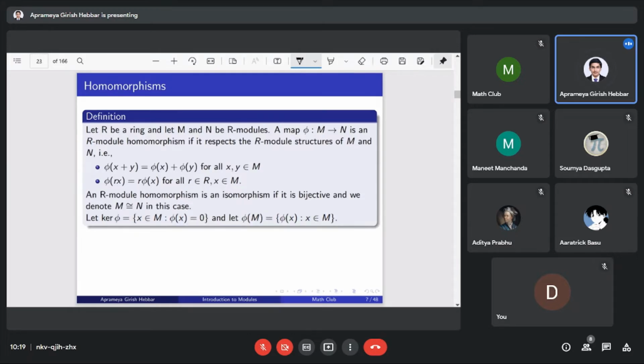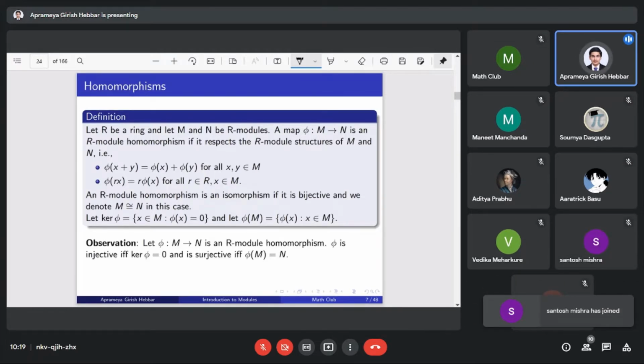So as usual, you would have seen in rings and groups, kernel phi, we denote it as all those x in M such that phi of x equals 0. And the image phi of M, which is nothing but phi of x, x in M. So two observations here. Since you're already familiar with rings and groups, you would have seen this.